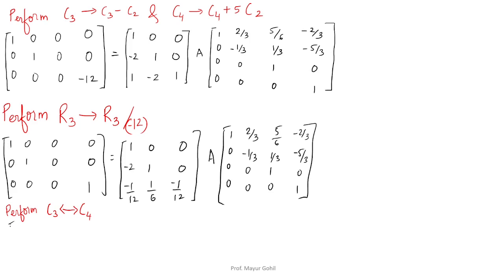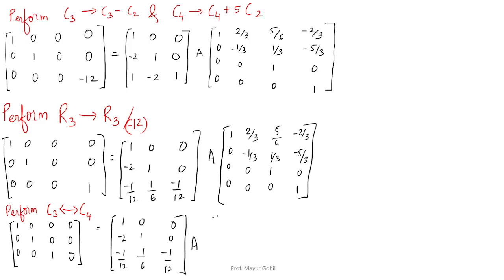And so now when you use this column transformation, the column transformation gives me 0 0 1 0 0 0, and no change in the first matrix here.